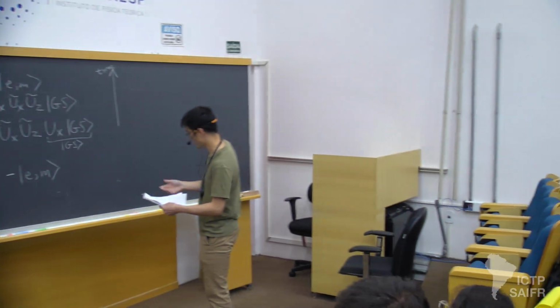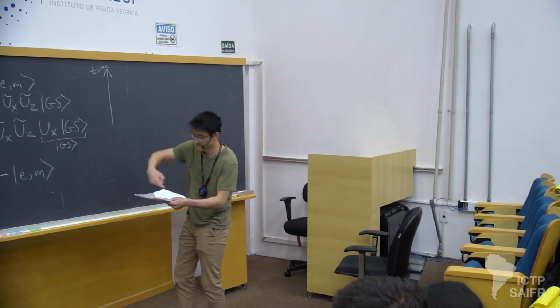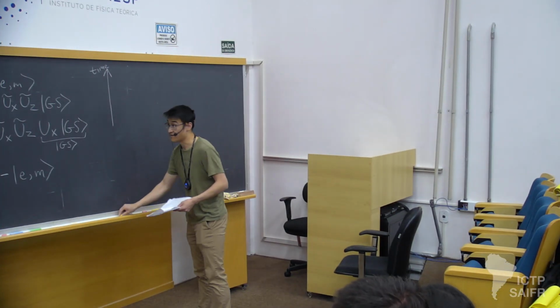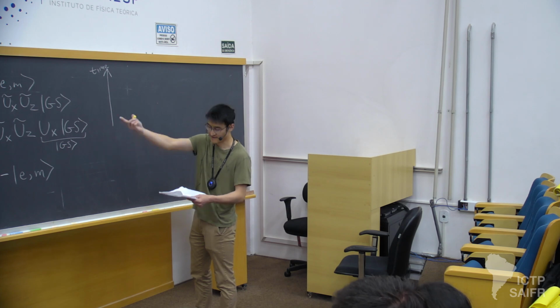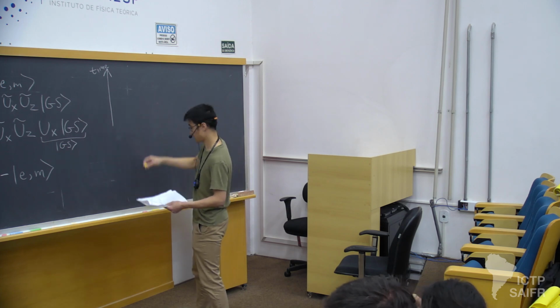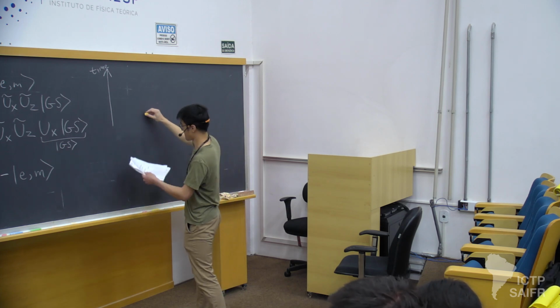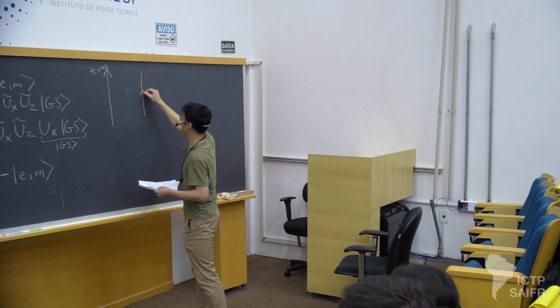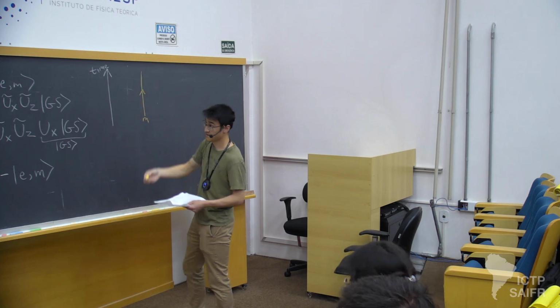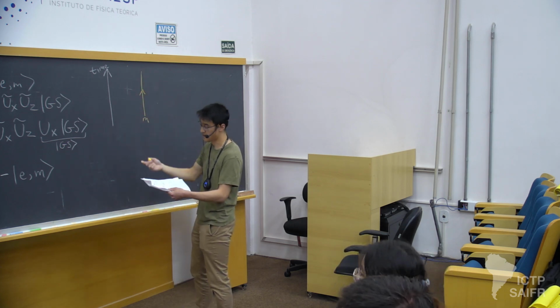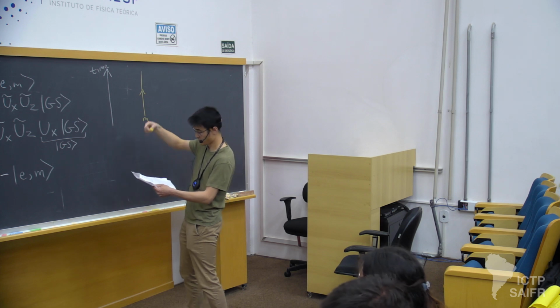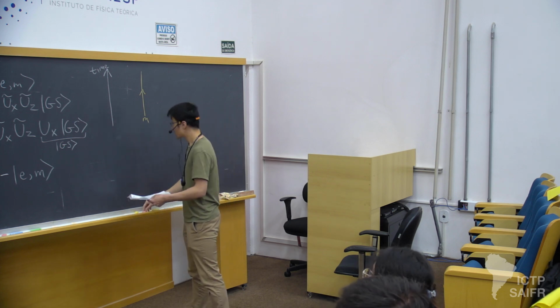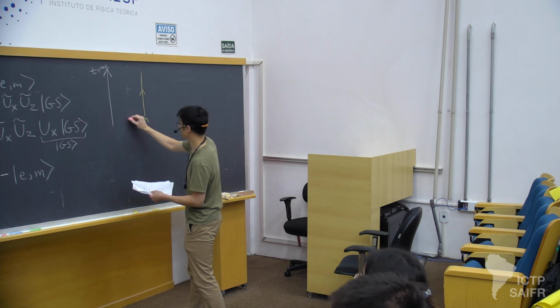So one can represent this process of braiding by the following. So the M particle just stood still, right? M is yellow. So the M particle did nothing, and this E particle, I'm moving it around, right? So I have an E particle here.